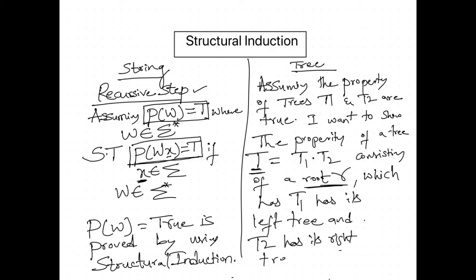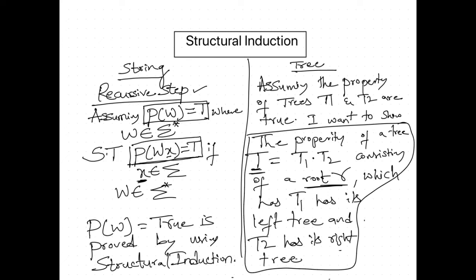If I can show this, by assuming this particular thing, then what is verified? The inductive step or recursive step of structural induction in the case of the recursively defined tree structure is verified, right?